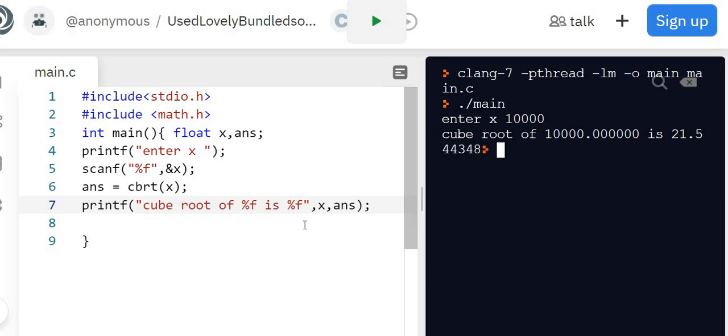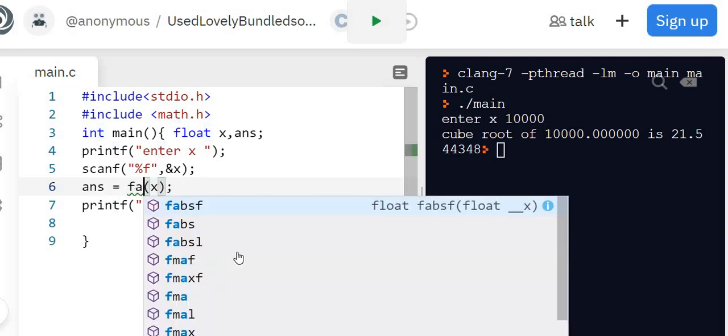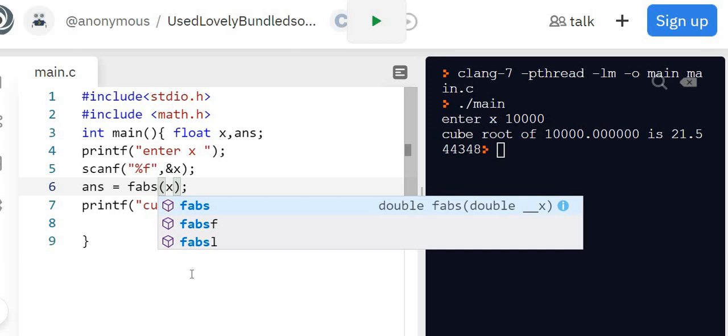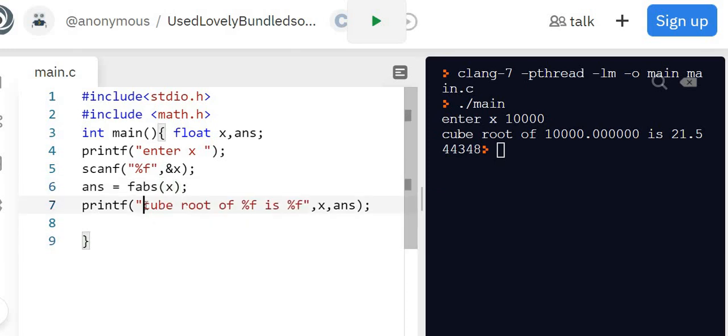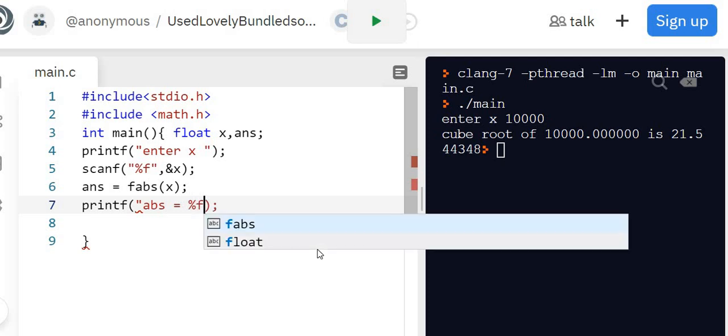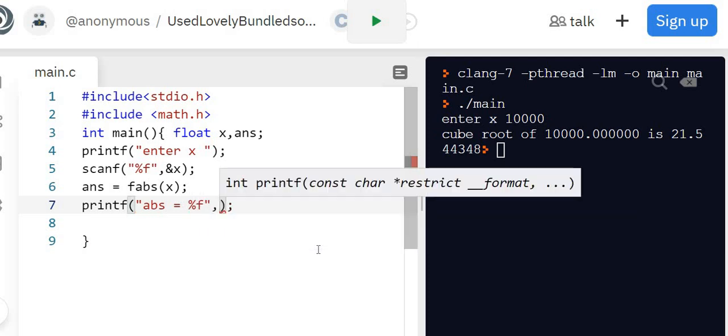Next, it gives the absolute value also. For ABS, you have to give FABS. FABS is the function to find the absolute value. Normally, if we give a positive value, its value is positive.